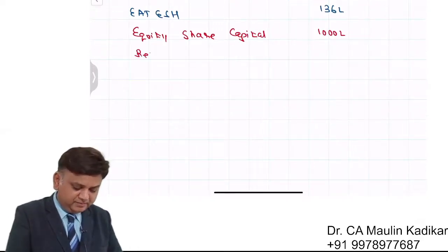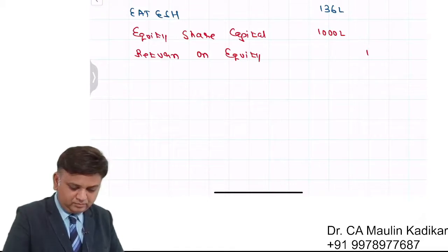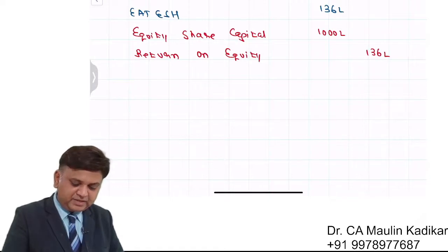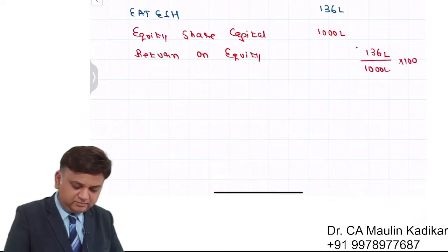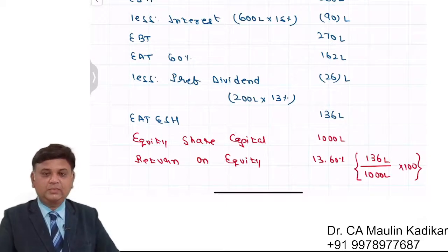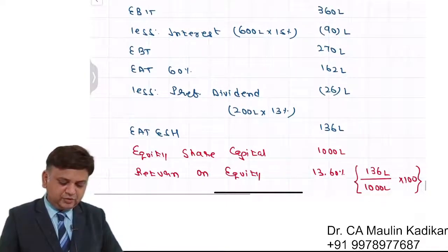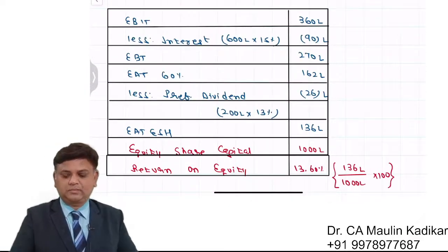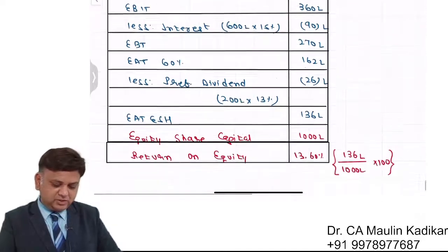So finally, return on equity: 136 lakhs divided by 1000 lakhs into 100, that is 13.6%. I request all of you to write down the answer, return on equity. So this is the way return on equity is calculated.